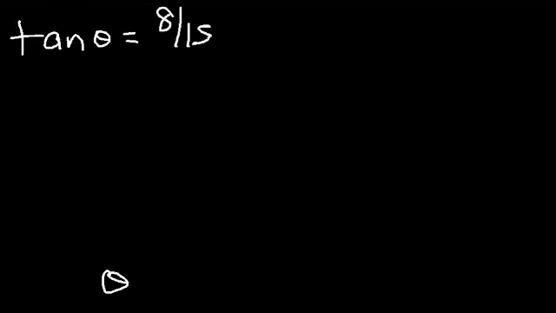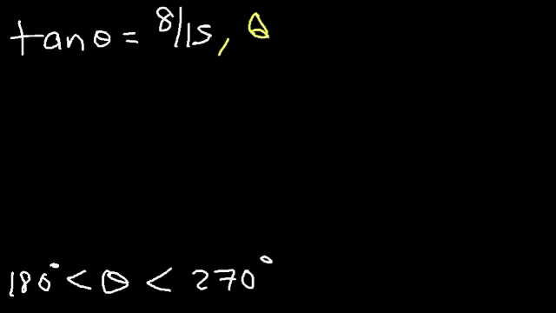So now it's your turn. Let's say if tangent theta is equal to 8 over 15 and theta is less than 270 degrees but greater than 180. So the first thing you need to find is the quadrant. So clearly this is quadrant 3.